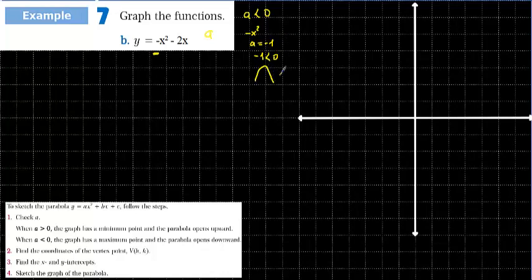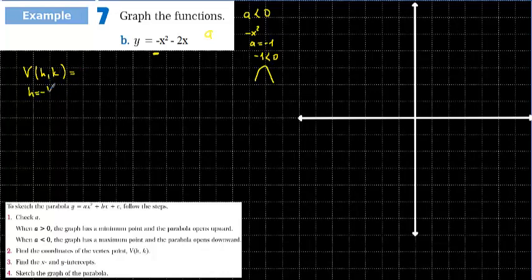Okay, with respect to the other given information, we are going to find the vertex point. The vertex is (h, k), and h is equal to minus b over 2a.